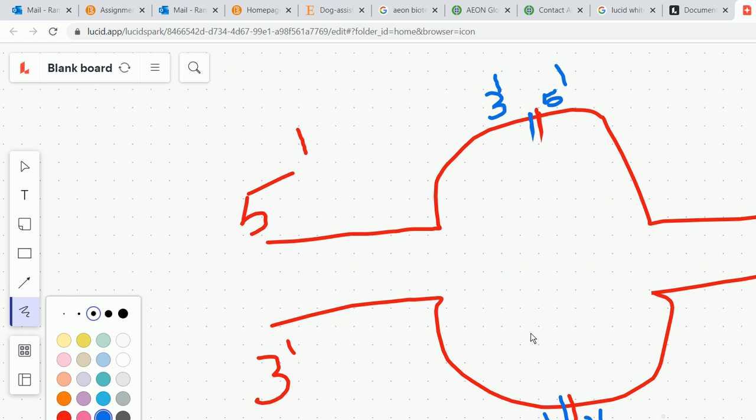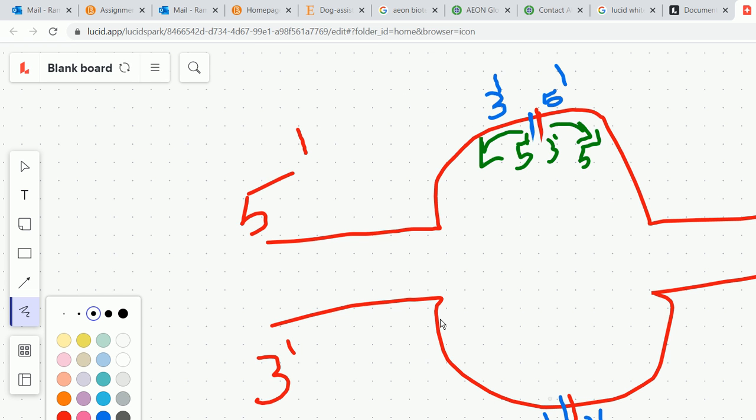Now let's talk about how they are going to be replicated. Let's use a different color, let's use green. For this strand, if this is 3 prime, the primer which will be made by primase will have 5 prime here, correct? Let's first make the primers. If this is 5 prime, this is 3 prime, the primer made on this side will have 3 prime, and this is going to be 5 prime.